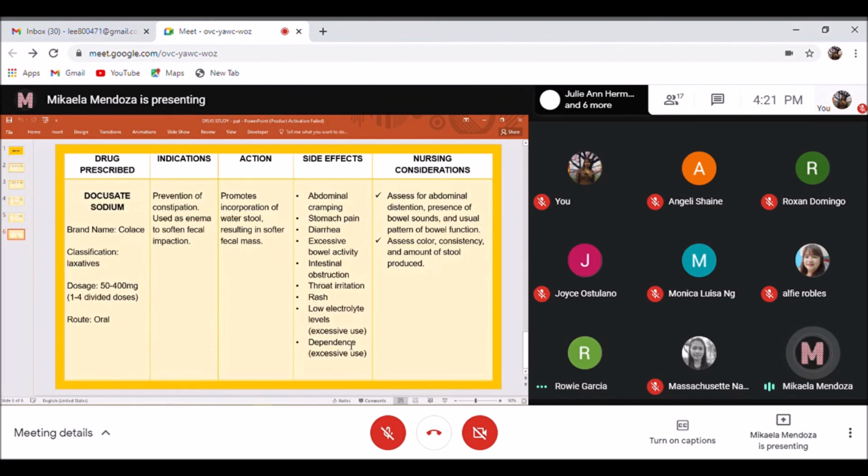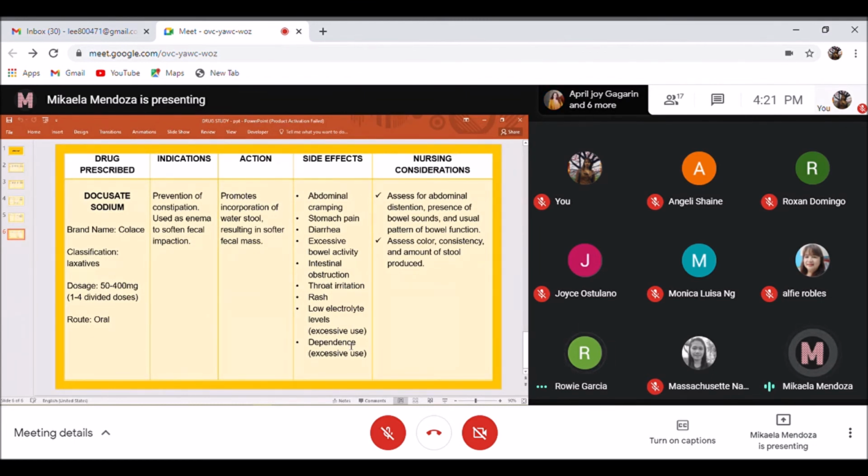Lastly, we have docusate sodium. Brand used was Colace. It is a laxative, orally administered with a dosage of 400 milligrams. It is for prevention of constipation, used as enema to soften fecal impaction. It promotes incorporation of water into stool, resulting in softer fecal mass.